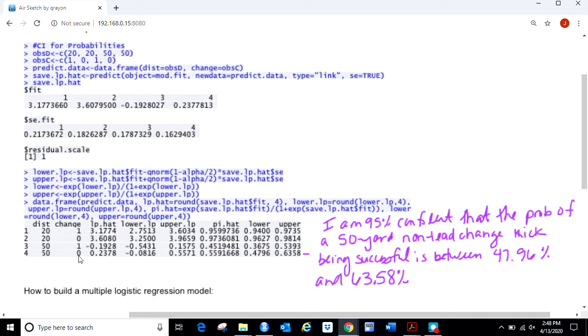So it's accounting for both the distance as well as if it was a lead change or non-lead change kick. So there's all of the intervals.